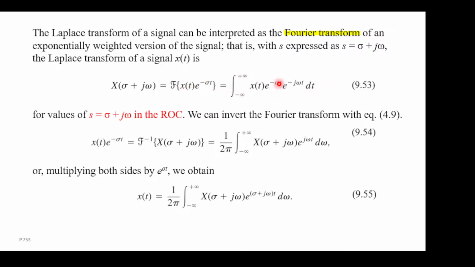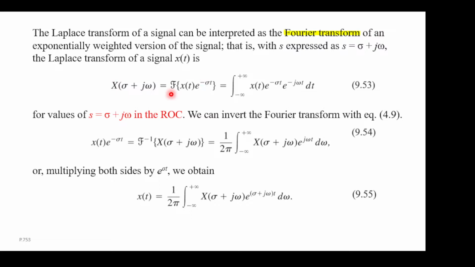Write out everything, then it is the integral of x of t e to the minus sigma t e to the minus j omega t dt. And the important thing is our sigma plus j omega should be inside the ROC. This is our Fourier transform.